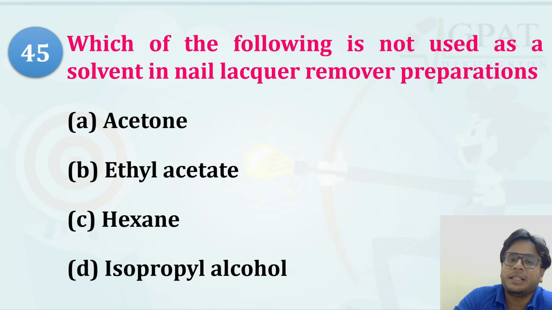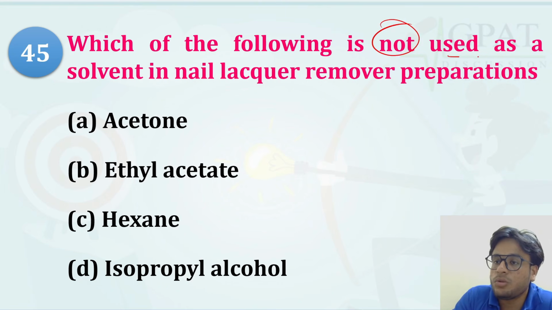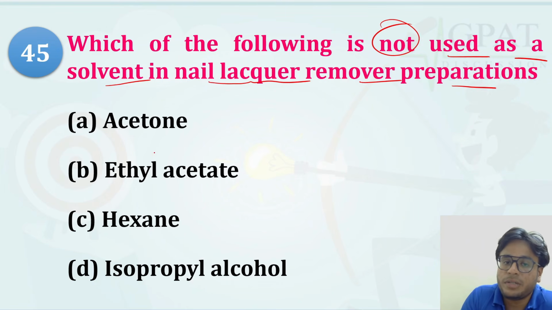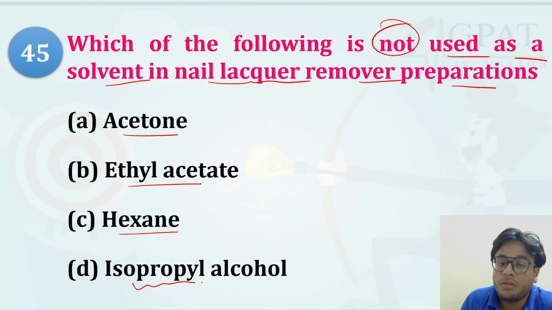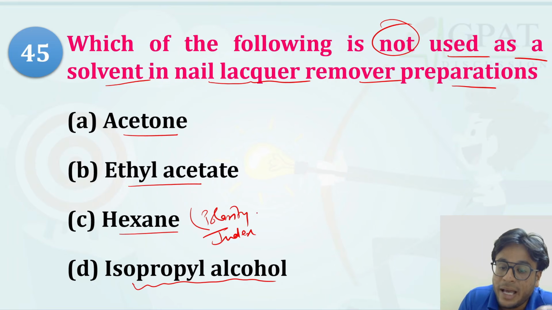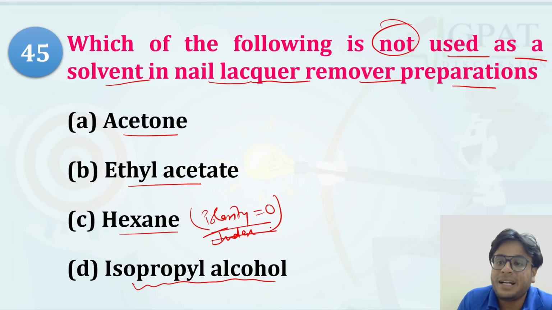Then we come to another question: which of the following is not used as a solvent in nail lacquer remover preparation? Option A is acetone, option B is ethyl acetate, option C is hexane, and option D is isopropyl alcohol. The polarity index of hexane is 0, so it is a solvent that is not utilized to remove nail lacquer.